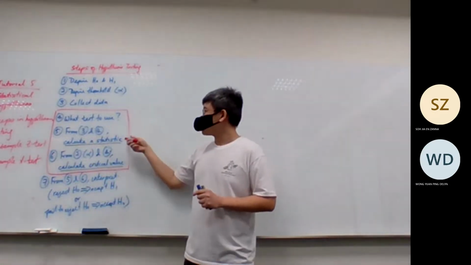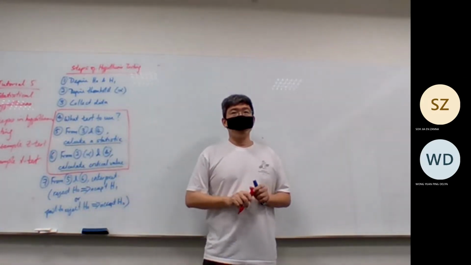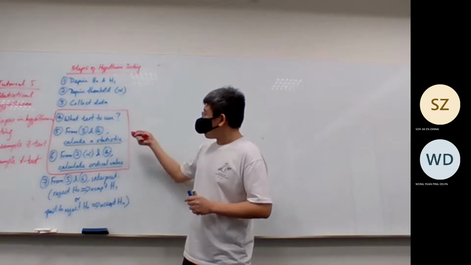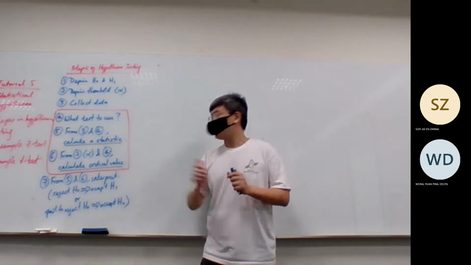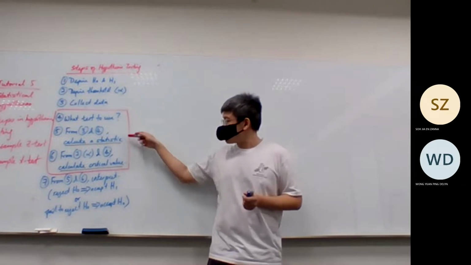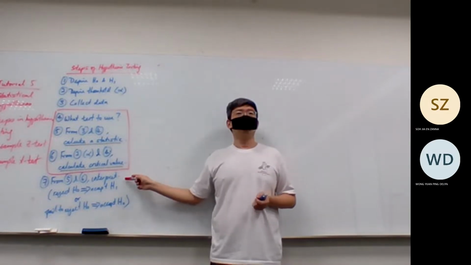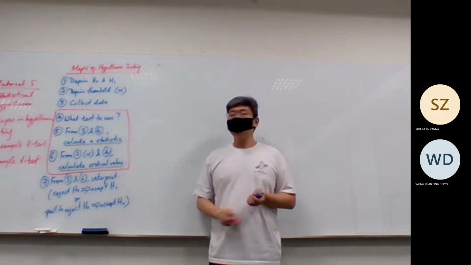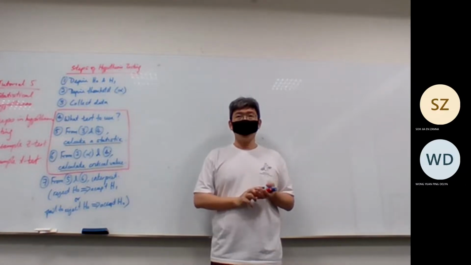Because it's from what test to use. The type of test will tell you how to calculate the statistic, how to calculate the critical value. Once you have the statistic and critical value, just interpret. So far, so good.